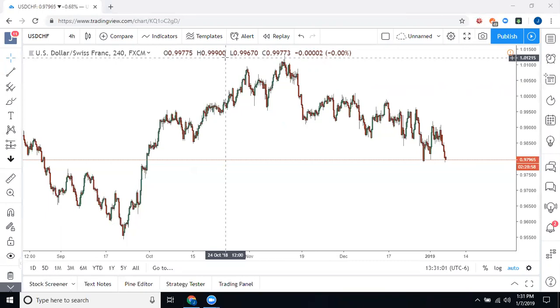So the approach is kind of simple. We're just always going to start on the higher time frame and see what's going on. And honestly, if you don't see a pattern on a chart, you don't have to trade it. You don't have to trade just to trade. We're trading whenever we see these setups.